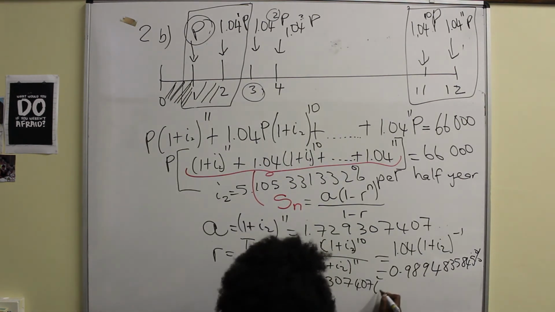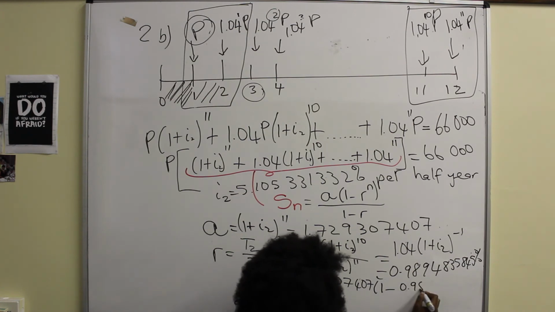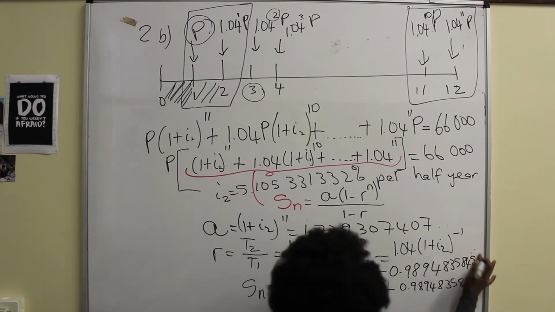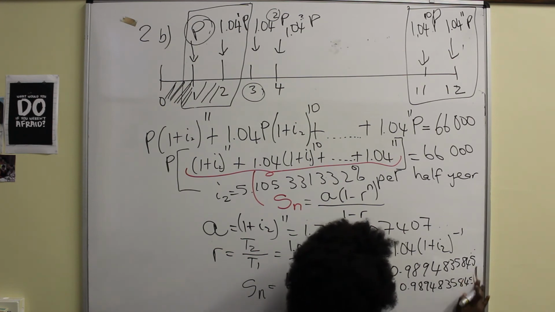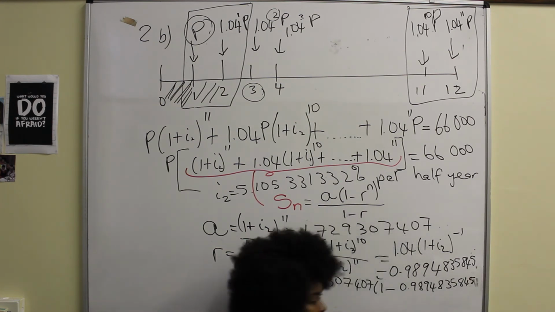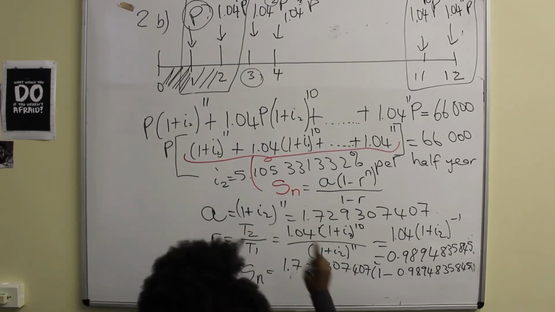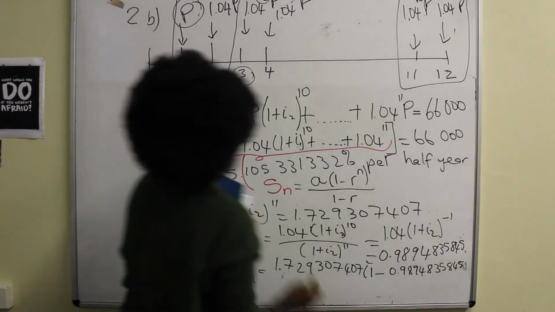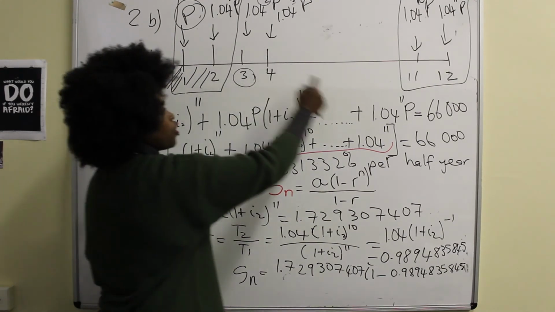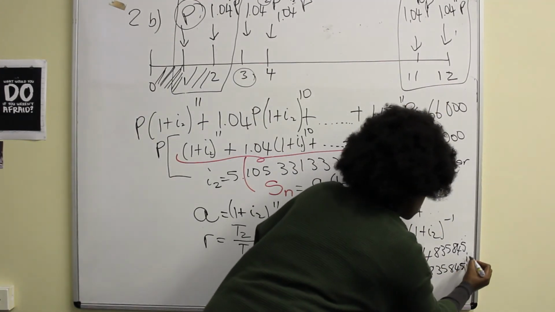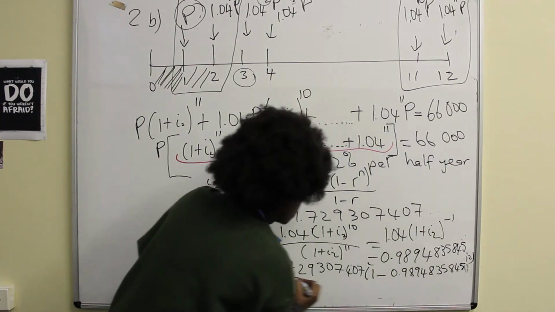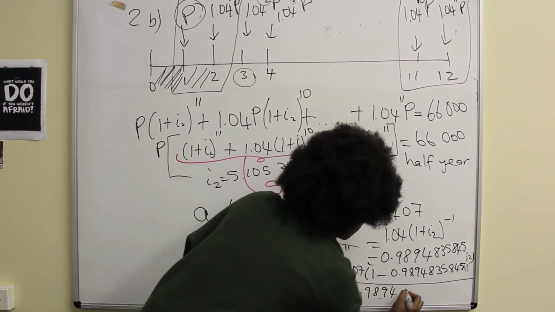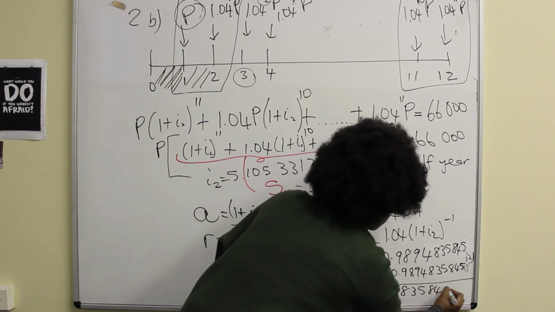And then multiply by 1 minus my R to the power n. Here is the important part now: the power is n, where n represents the number of terms we have. How many terms do we have in this series? 1, 2, 3, 4 up until 12. So my n here is 12. Then I divide all of this by 1 minus R, so 1 minus 0.9894835845.